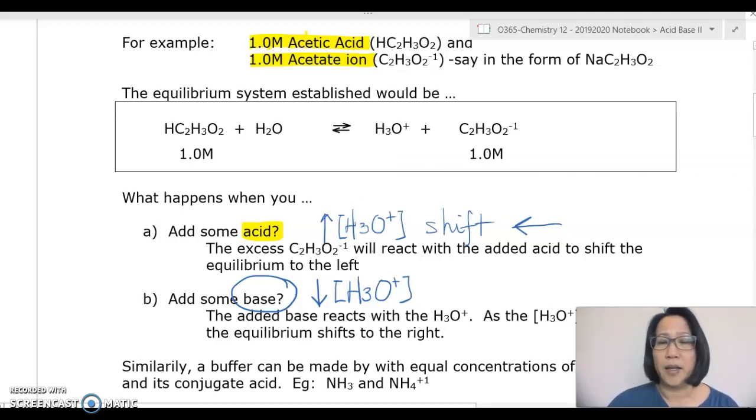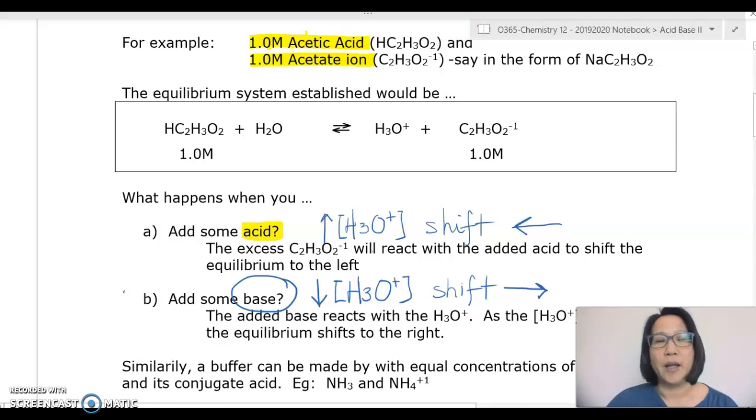But luckily, we have this equilibrium system, and this equilibrium system is going to allow us to shift to the right. So the system is going to shift to the right, bringing our pH back down close to where it had been.